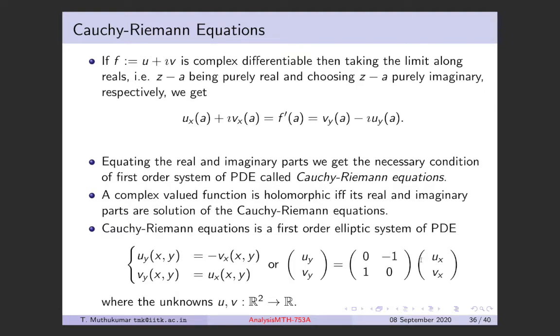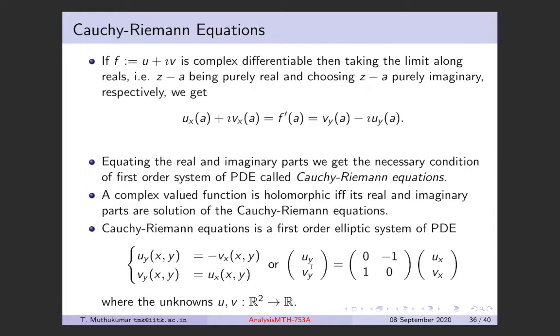So what is this saying? That the Cauchy-Riemann equation is saying that if you take the gradient of u and rotate it by 90 degrees, what you get is the gradient of v. That is, the gradient of the real part rotated by 90 degrees gives you the gradient of the imaginary part.